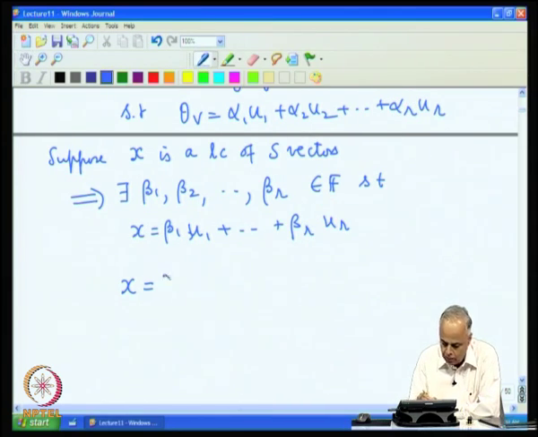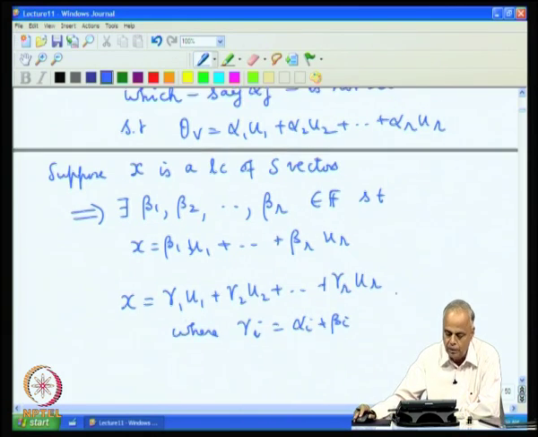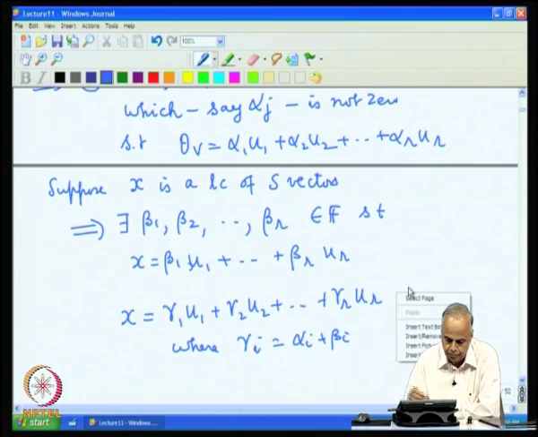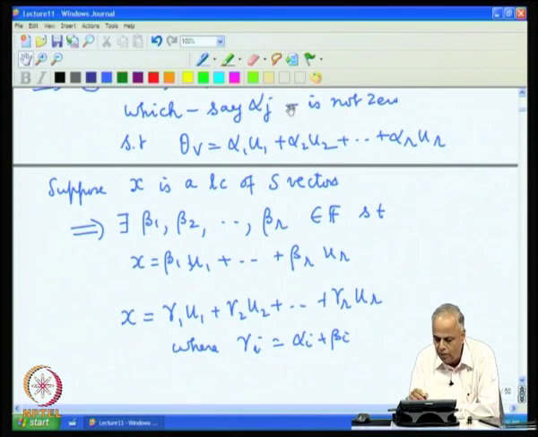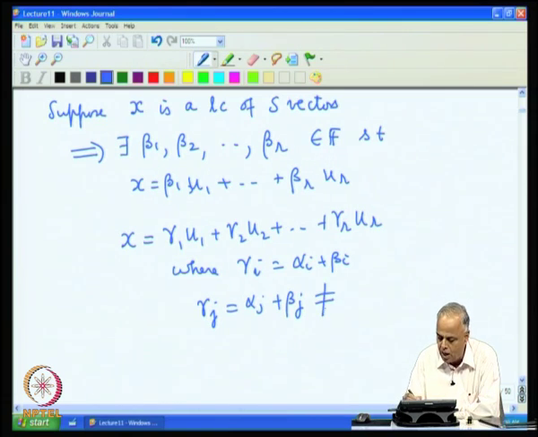Let us call this gamma 1 u1 + gamma 2 u2 + ... + gamma r ur, where gamma i is alpha i plus beta i. Since we have assumed that alpha j is not 0, gamma j, which is alpha j plus beta j, cannot be equal to beta j.